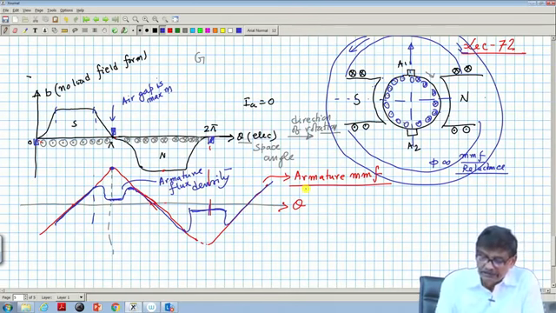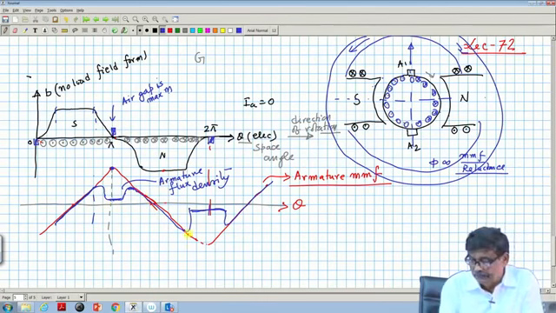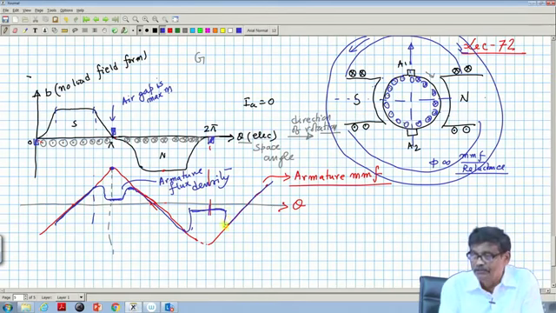Therefore, what will be the resultant field? The resultant field will be the sum of this plus this blue curve here. Got the idea? This B is because of the field coil and this blue curve because of the armature conductor MMF. These are the flux densities present in the air gap.